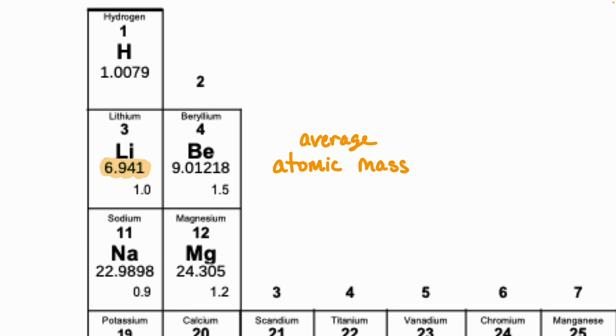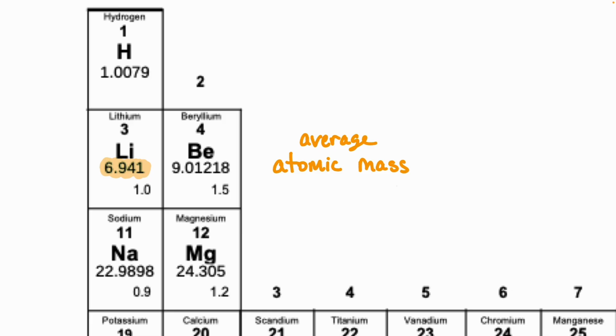And so what we see on this periodic table, it's not just the mass of one of those isotopes, it's an average of all those lithium isotopes. So if I took a scoop of lithium, I would have a mixture of all of those lithium isotopes, and on average, the mass of those atoms is that 6.941. All right, so this mass that we see on our periodic table is an average of all the isotopes that make up that lithium element.